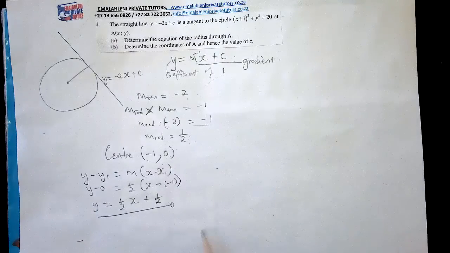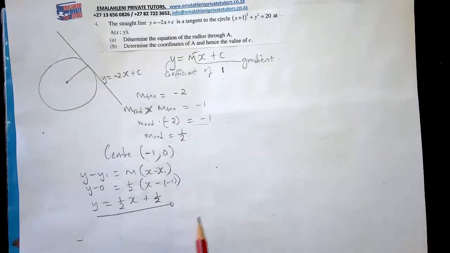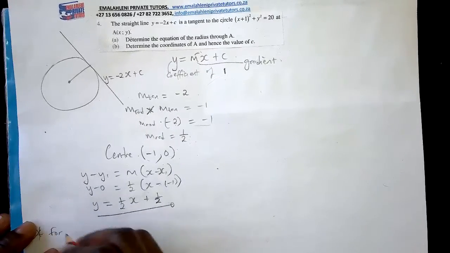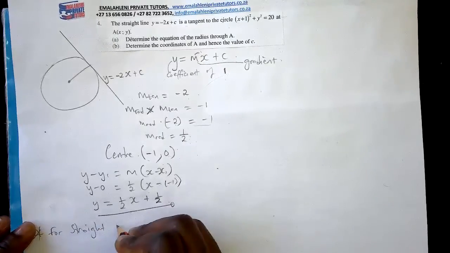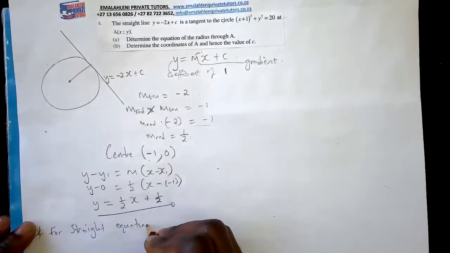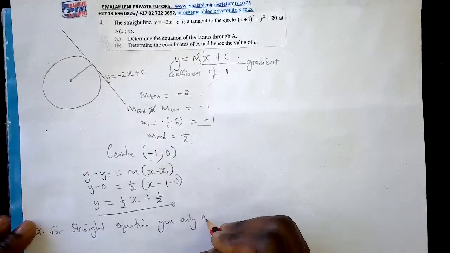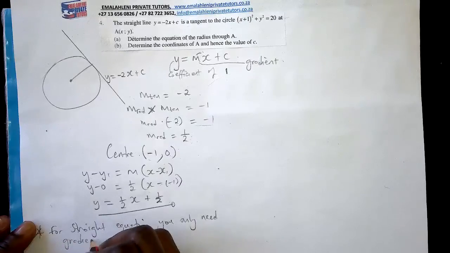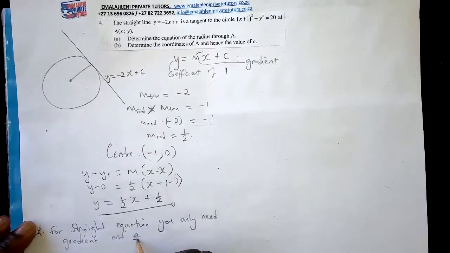What's more important to find the equation of a straight line? You need a gradient and a point. For a straight line equation, you only need a gradient and a point.